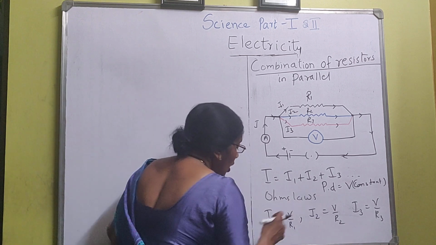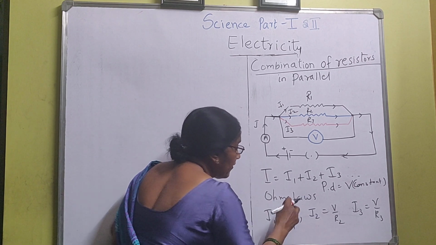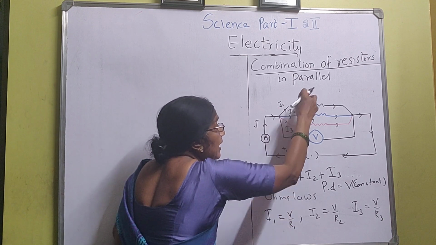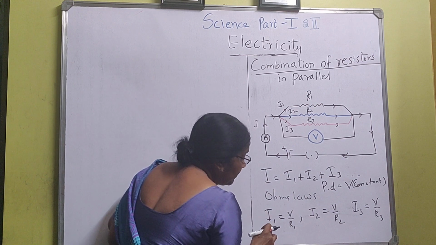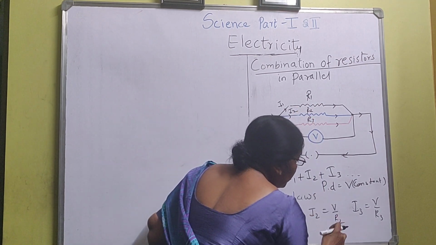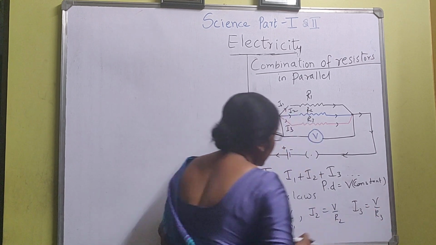Applying Ohm's law, current is equal to potential difference divided by resistance. So let us find the current I1 in the first resistor. I1 is equal to V by R1. In the second resistor, I2 is equal to V by R2. In the third resistor, I3 is equal to V by R3.